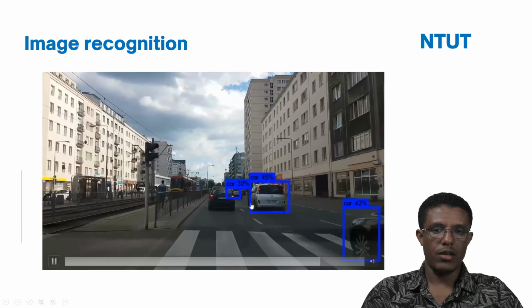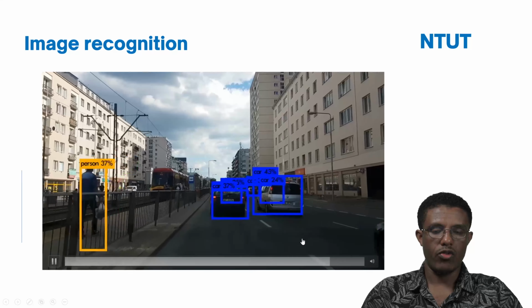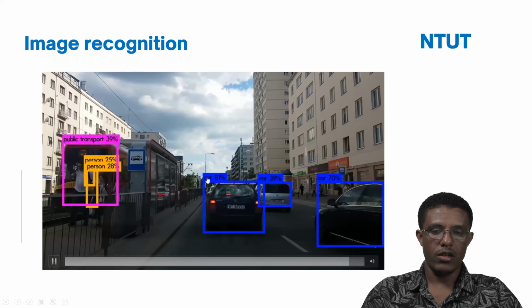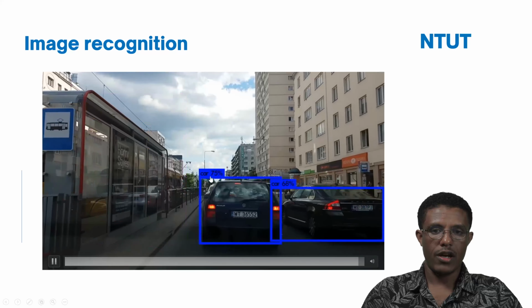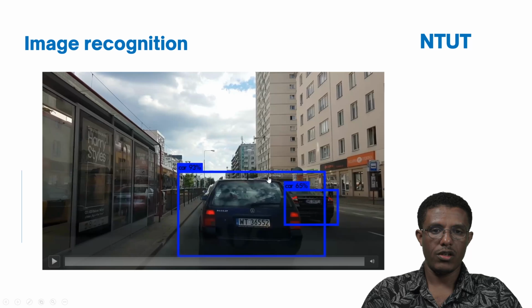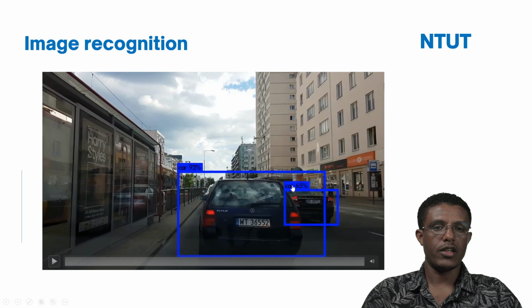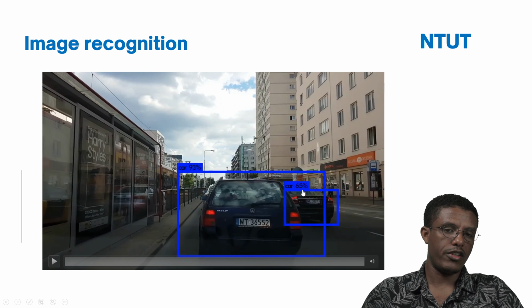This is an example that shows different categorization. For example, here it shows the labeling: it detects a car, and also shows the accuracy. There is a small car behind there, and because this car is not fully observable, it detects it accurately as a car, but the accuracy is only 65%.